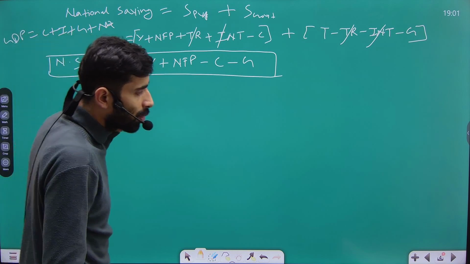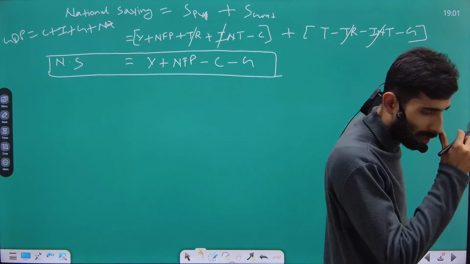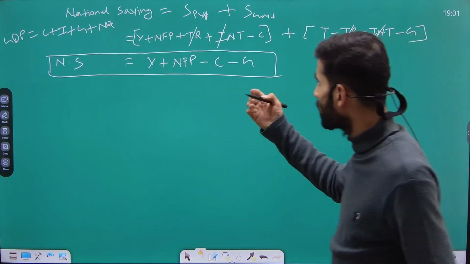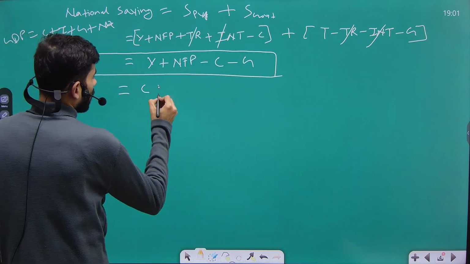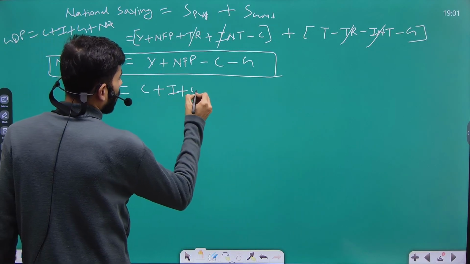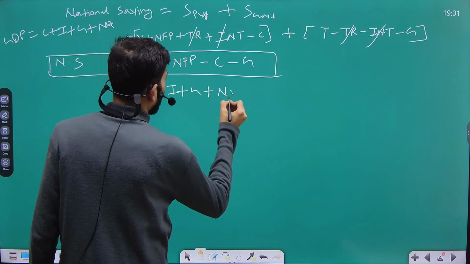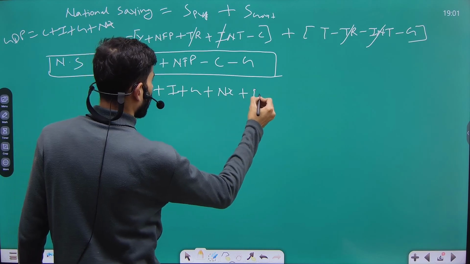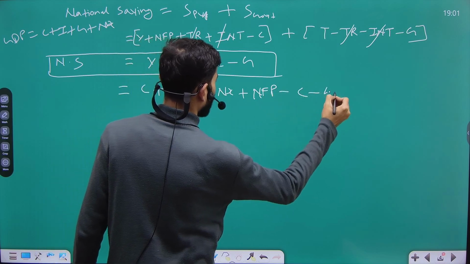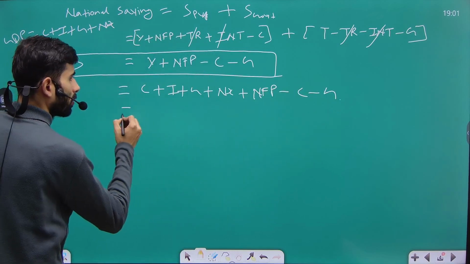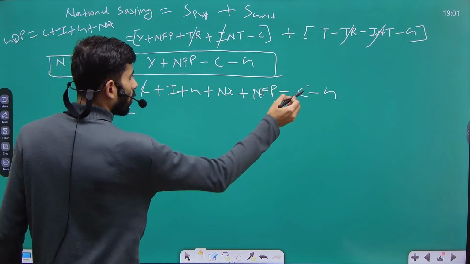So simply we can substitute the value of Y from this equation: C plus I plus G plus NX plus NFP minus C minus G. C will get cancelled out.